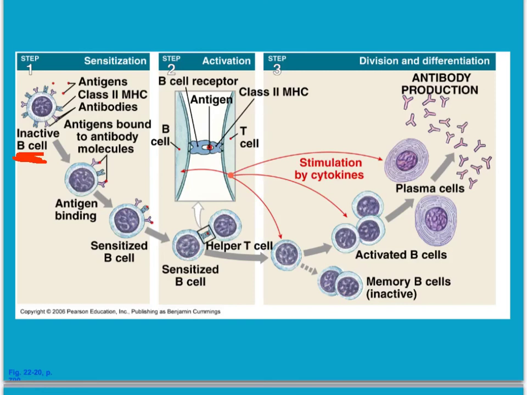Just keep in mind that the B cell is going to be specific for that particular antigen. It's going to interact with an activated helper T cell, and that's going to stimulate this B cell to transform itself into one of these plasma cells, and these plasma cells are going to produce lots and lots and lots of antibodies. Also keep in mind along the way we're going to make some extras and keep them as memory cells, and those are going to be the reserves.